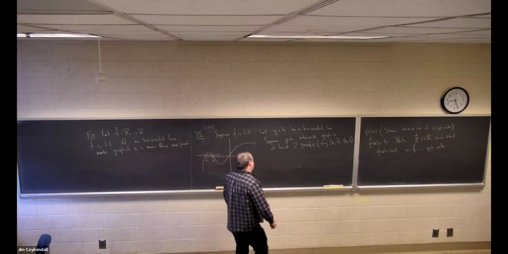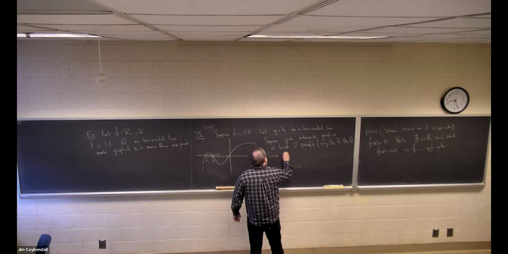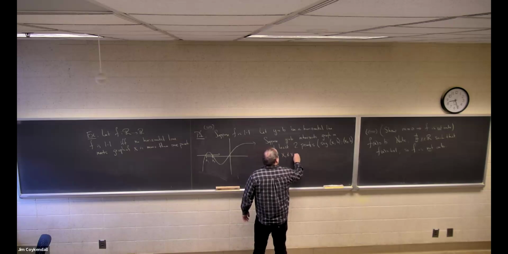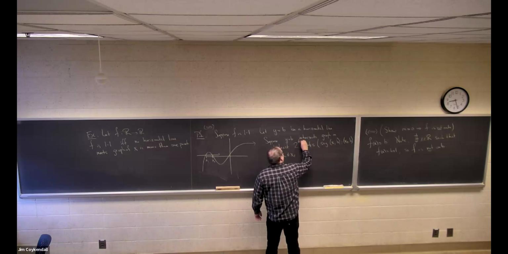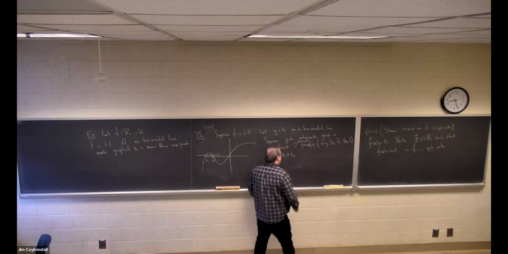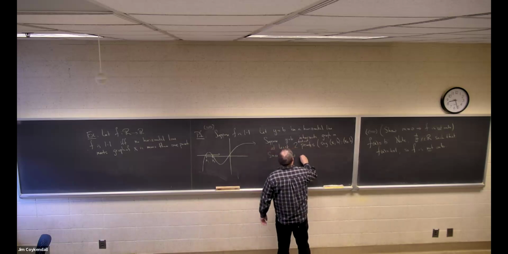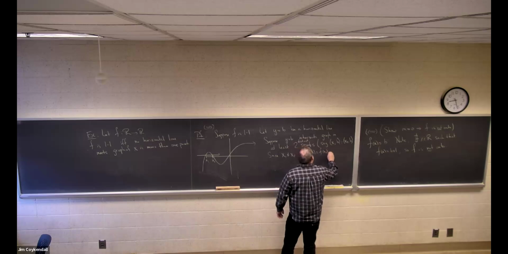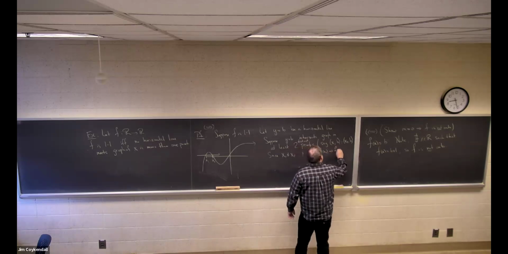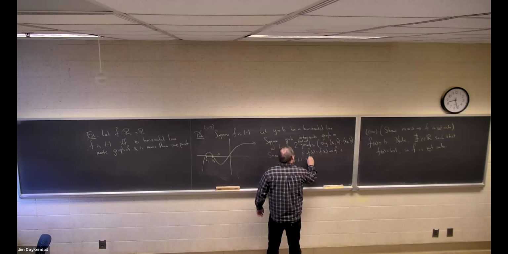Notice that since x1 is not equal to x2, and f of x1 is f of x2, this implies f is not one-to-one, which is a contradiction.